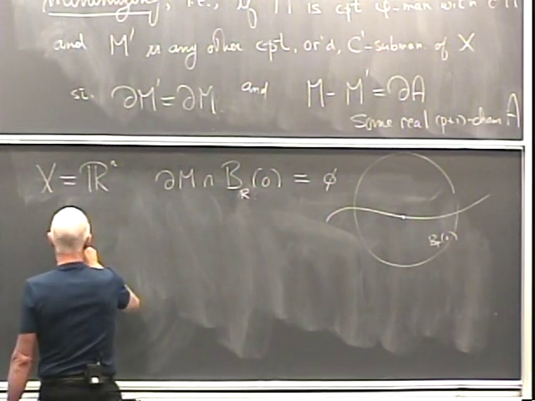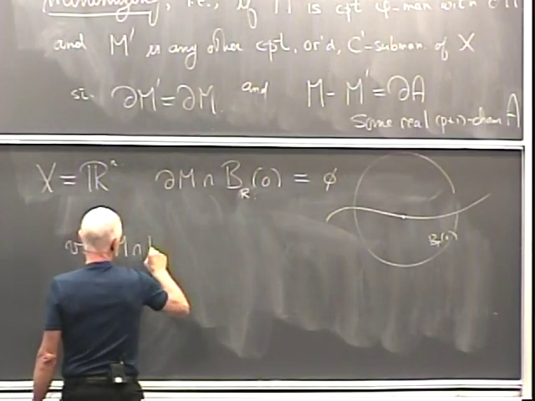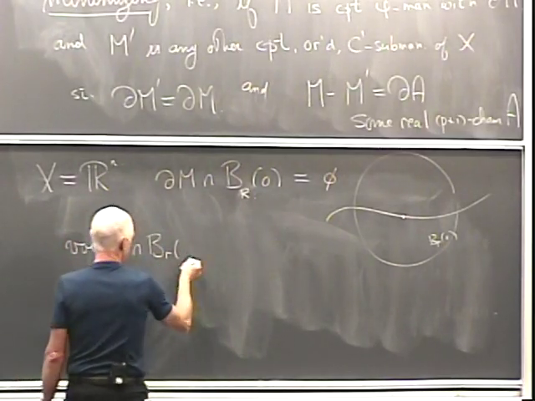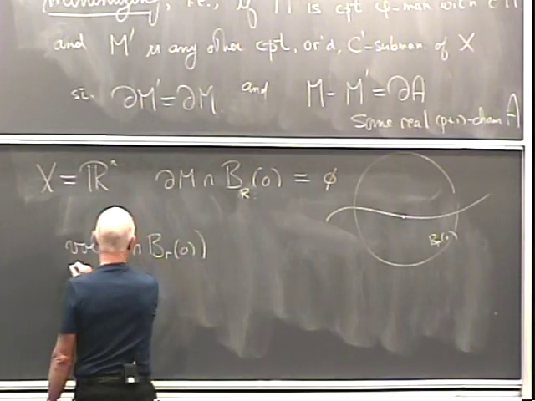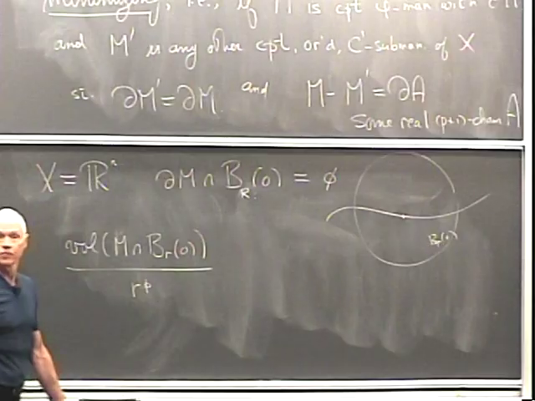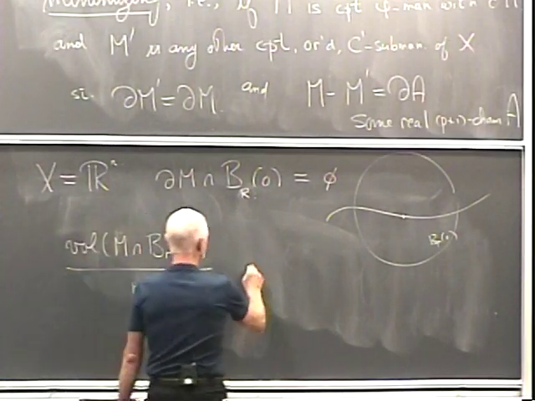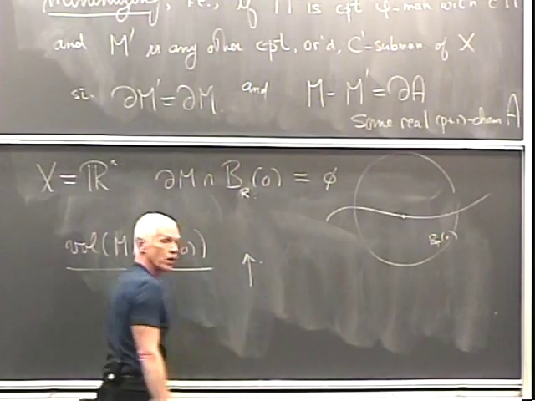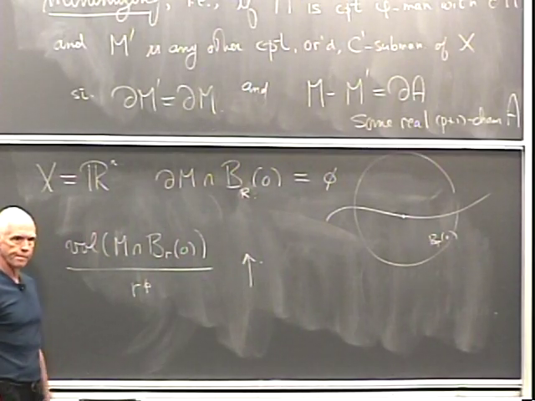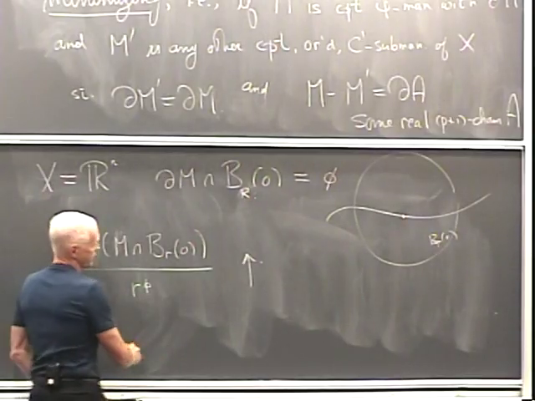Then you can take the volume of M intersect the ball of radius small r about the origin and divide by r to the dimension p. And this is a monotone increasing function in r.